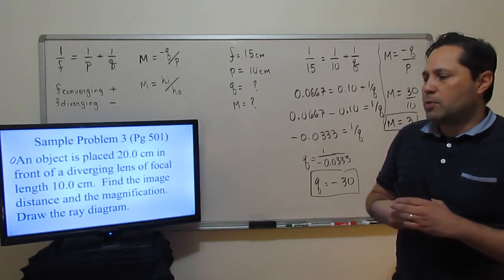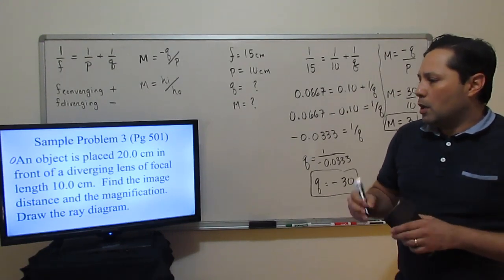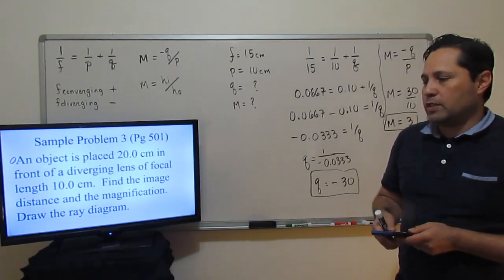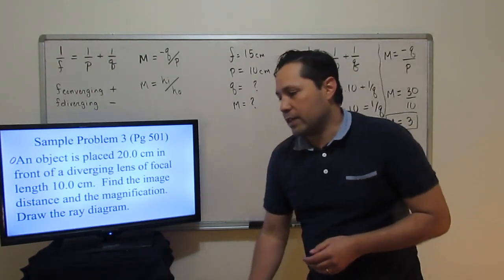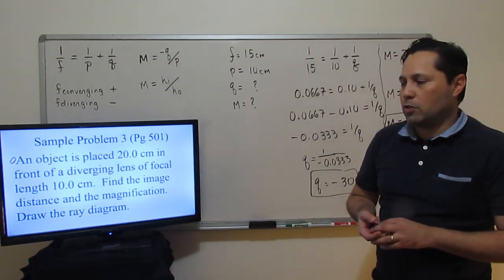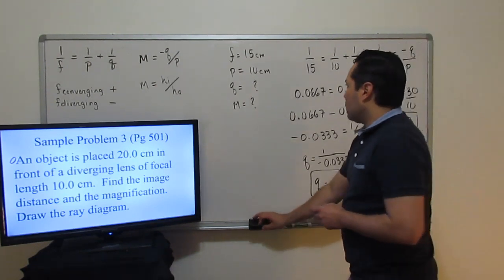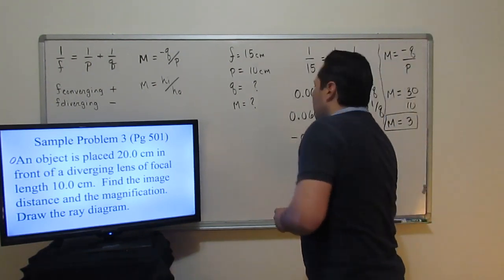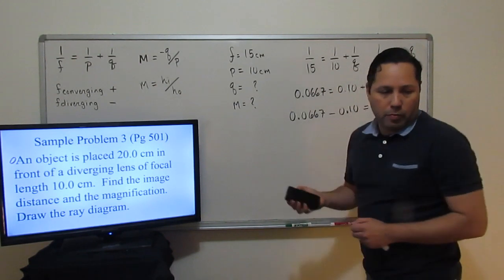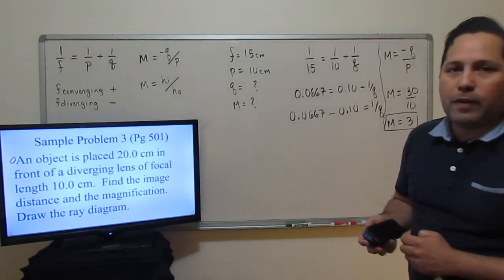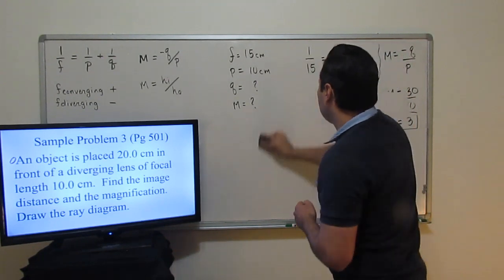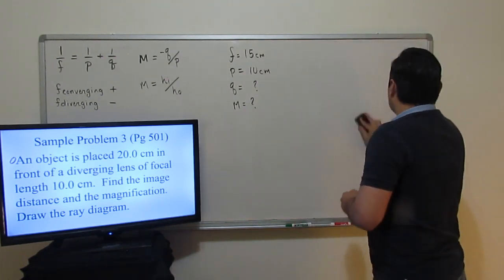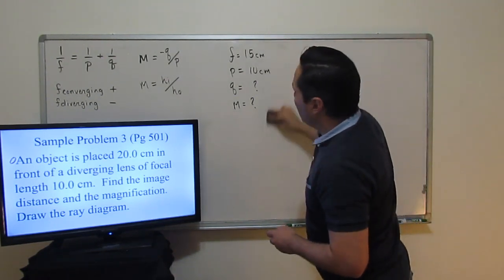It says an object is placed 20 centimeters in front of a diverging lens of focal length 10 centimeters. Find the image distance and magnification and draw the ray diagram. For the ray diagrams, I'm going to refer you to the book. You can find them on page 500 as examples of converging and diverging ray diagrams.